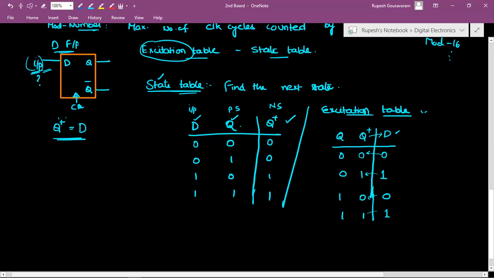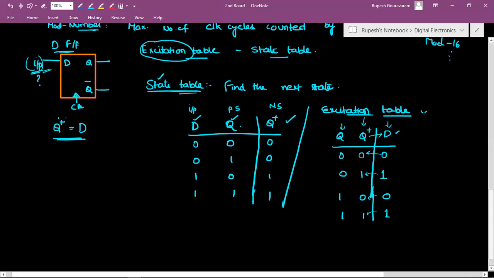So even though we have the inputs Q and Q dash here, we can decide the data input, that is D, based on the next state. Q plus is the next state. Whatever the D variable is, the same will be replicated as Q plus. So this is about the state table and the excitation table.